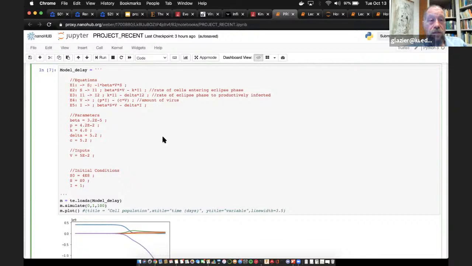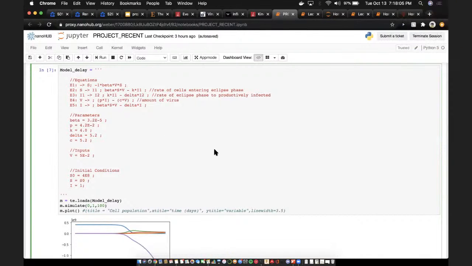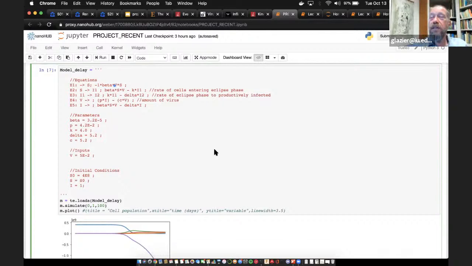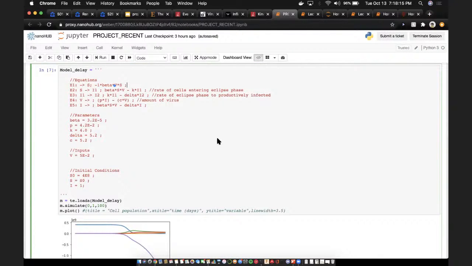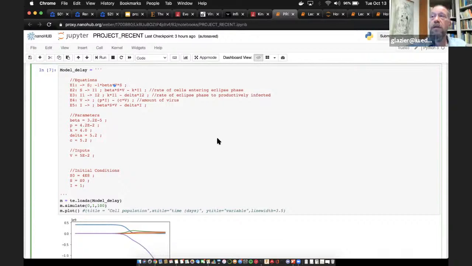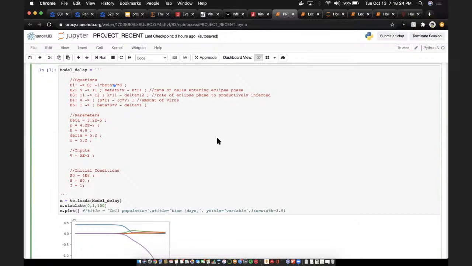When you start writing these rate laws in the form of S goes to I1, those have to be what are called balance terms. So you see here beta S V, K I1, K I1. Those kinds of terms are typical when you write things in ODE form.